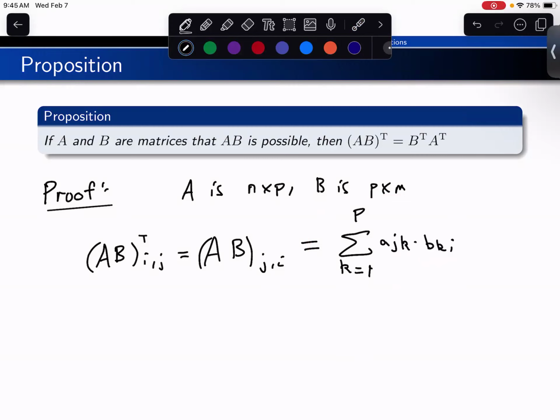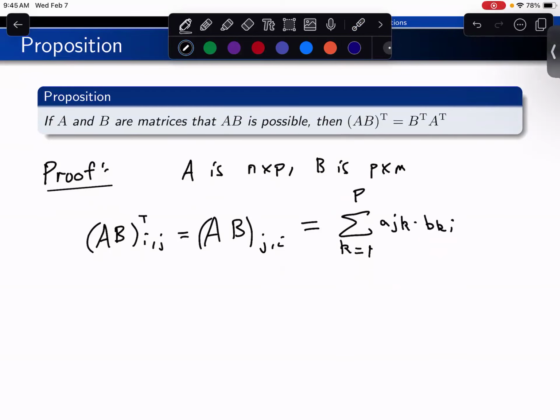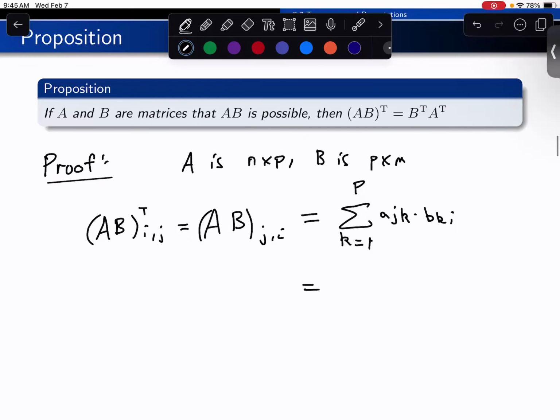And so you can do something clever here. I'm writing this sum out some more.